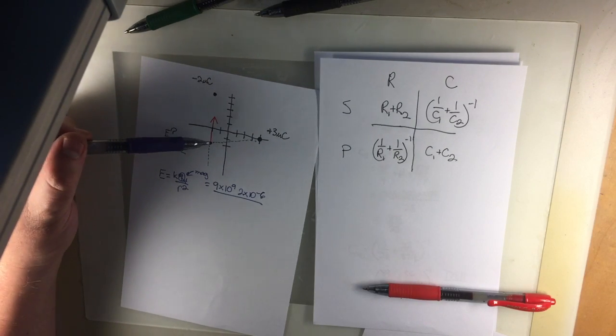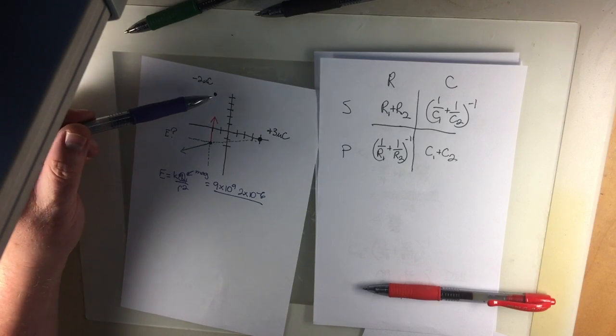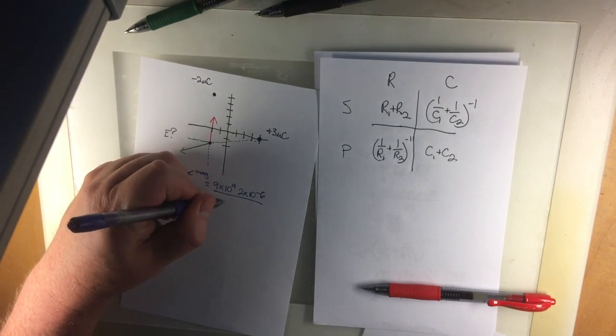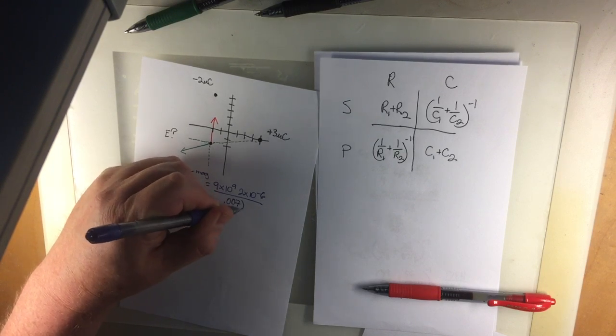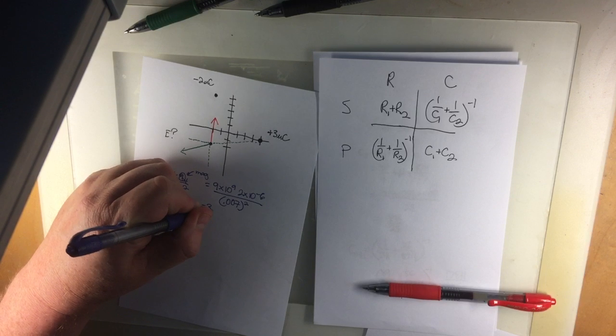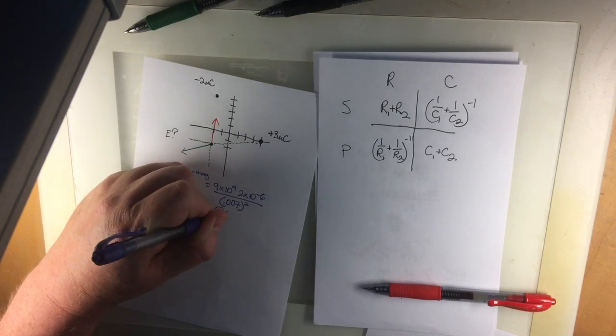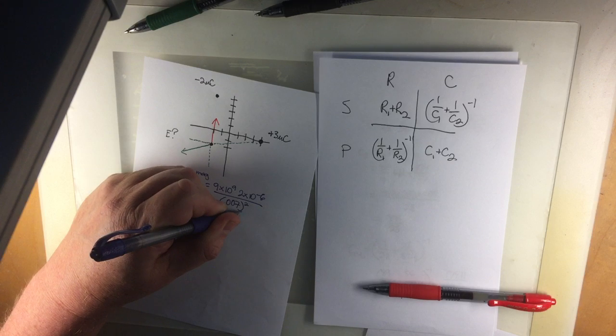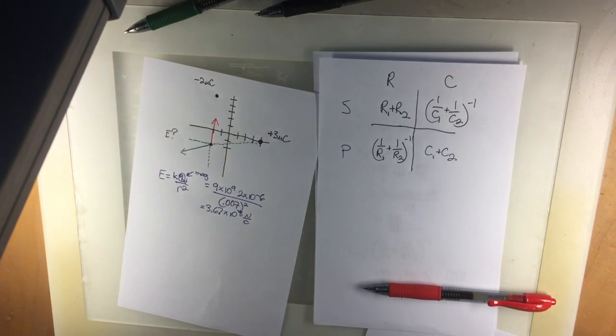Its distance is 1, 2, 3, 4, 5, 6, 7 millimeters, or 0.007 meters squared. So this becomes 18 times 10 to the 3 divided by 0.007 squared, which is 3.67 times 10 to the 8th newtons per coulomb. That is the E field of this.